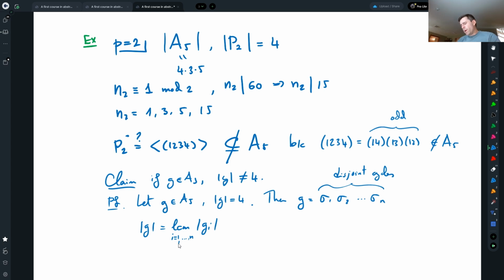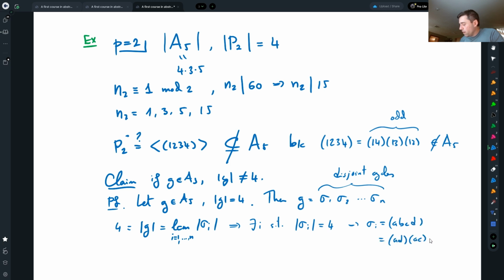Okay, but then if this is 4, and this is an LCM, there is some i such that there is a cycle of order 4. But then sigma i is (a b c d), which is (a d)(a c)(a b), which is not in A5.